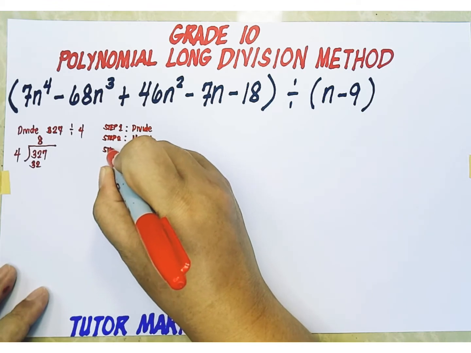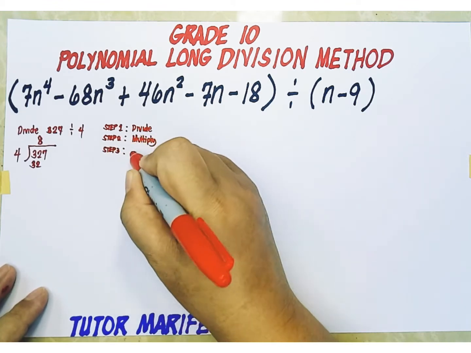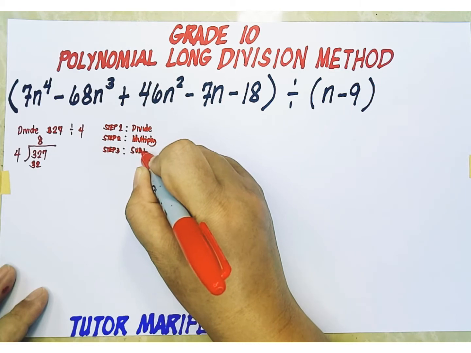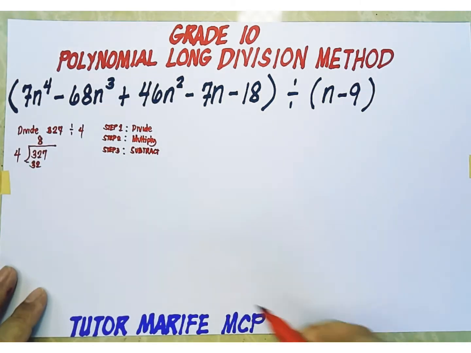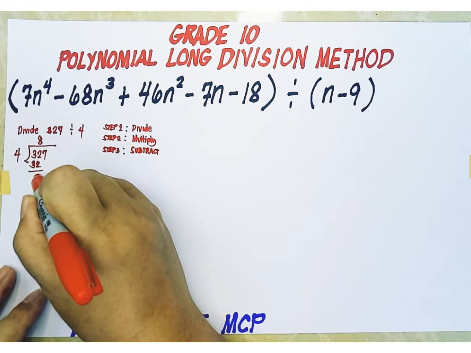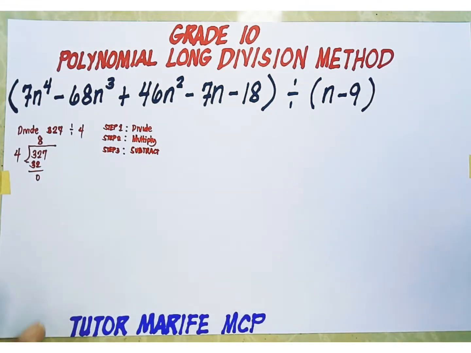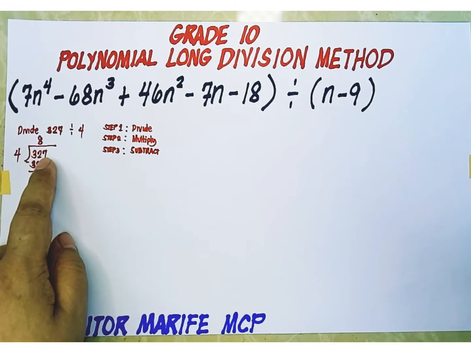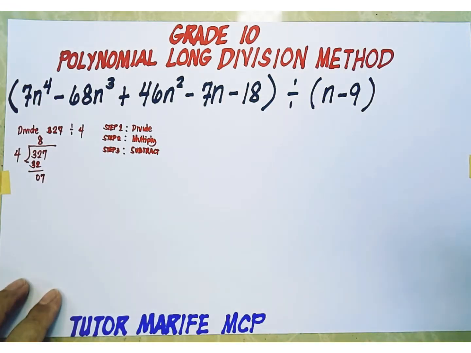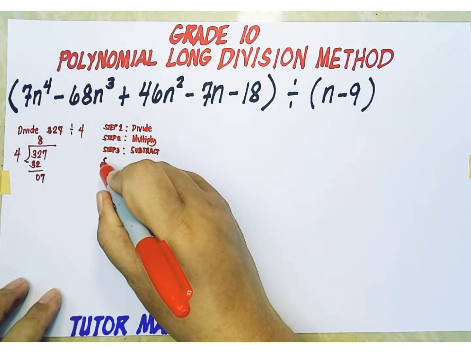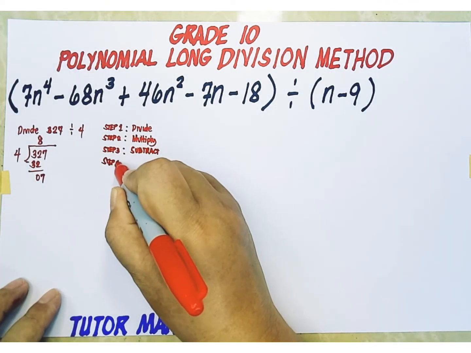And then step 3 is subtract. Yan. So 32 minus 32 is 0. And then we bring down the next digit. 7. So step 4 is bring down.